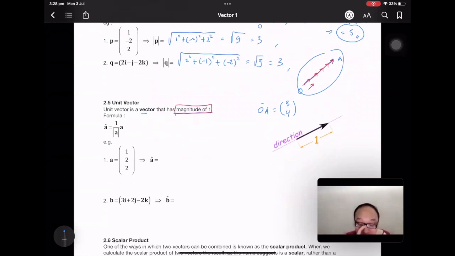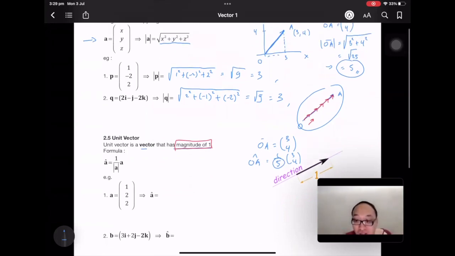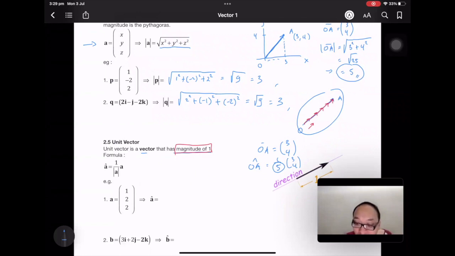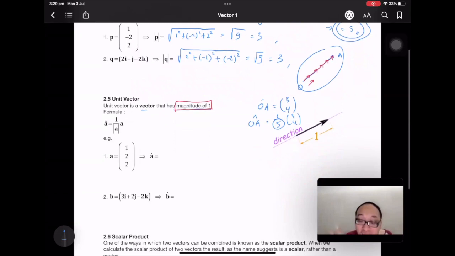The notation of the unit vector is like this: 1 over 5 of the vector OA. The 5 here is the magnitude of the vector OA. That's why the formula to find the unit vector is 1 over the magnitude of a, times vector a. That's a unit vector.